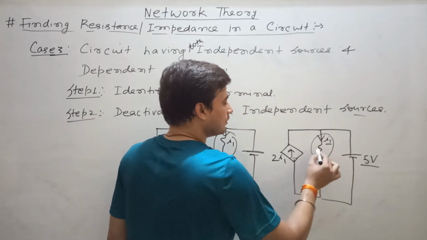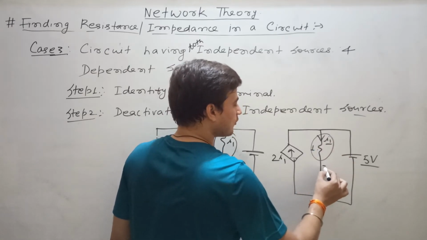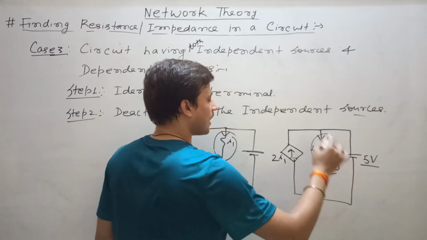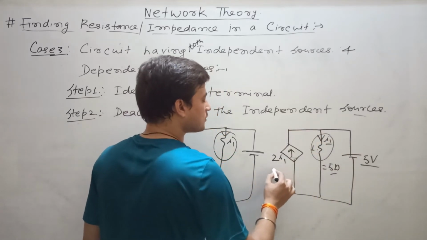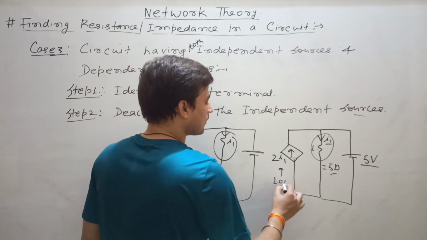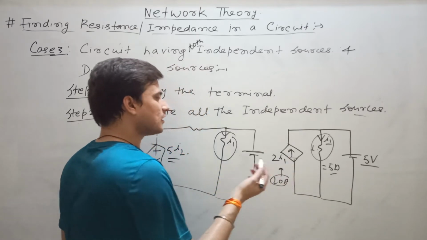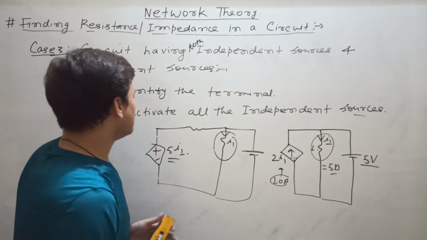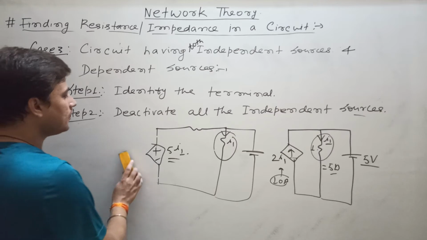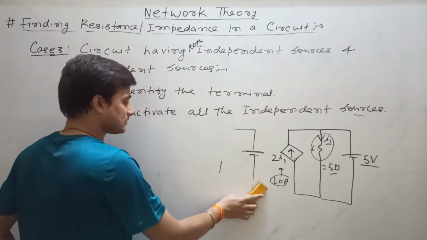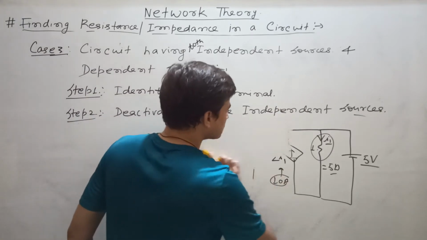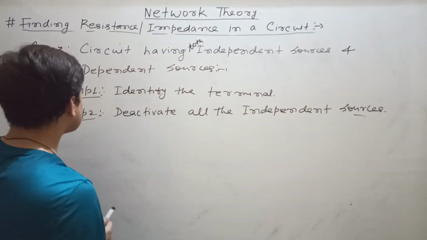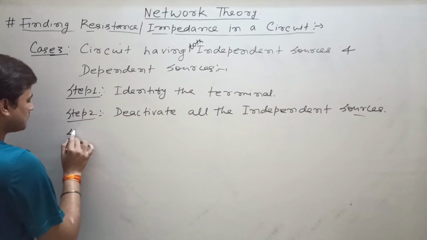Suppose this is 1 ohm. So I1 is equal to 5 by 1, that means 5 ampere. So its value will be 2 into 5, that is 10 ampere. So if it is a 10 ampere source, then it will have some resistance. Clear? So you cannot deactivate any dependent source. But yes, if you are going to do some kind of source transformation, then you can easily do source transformation in the case of dependent source.